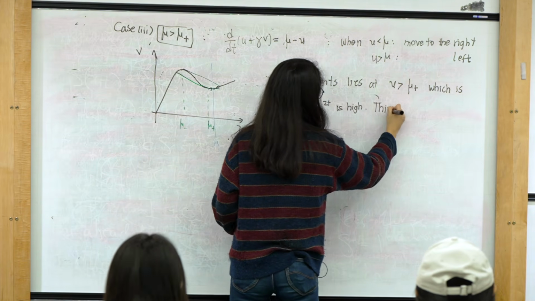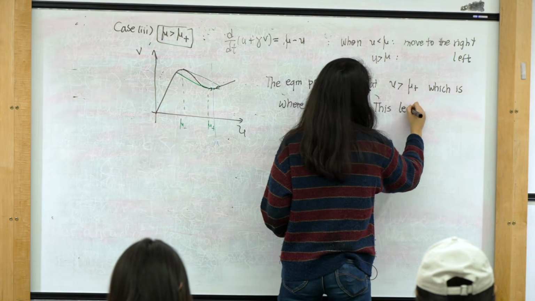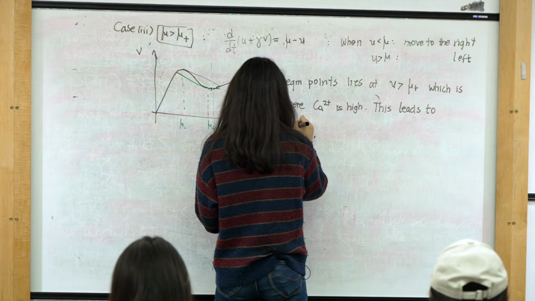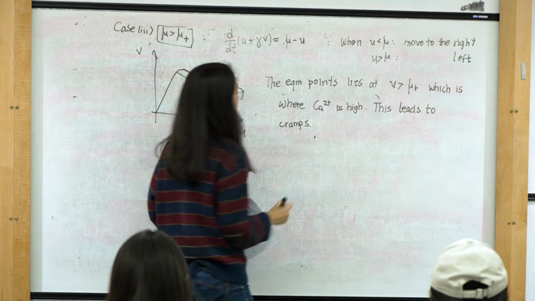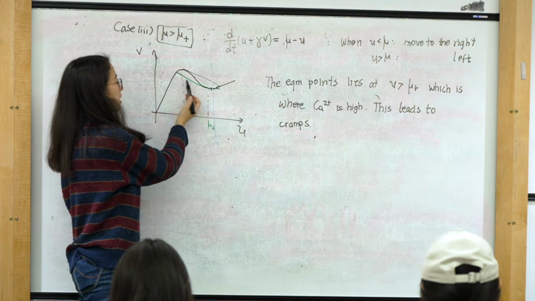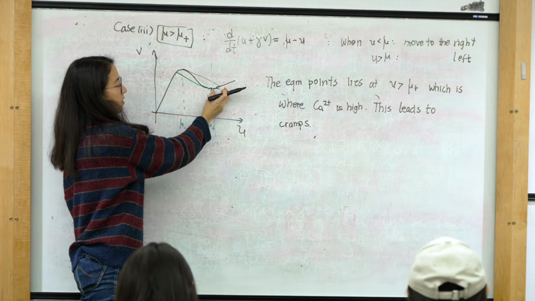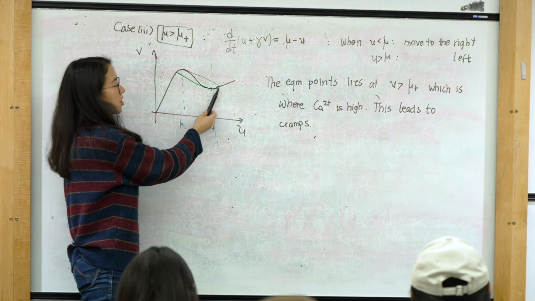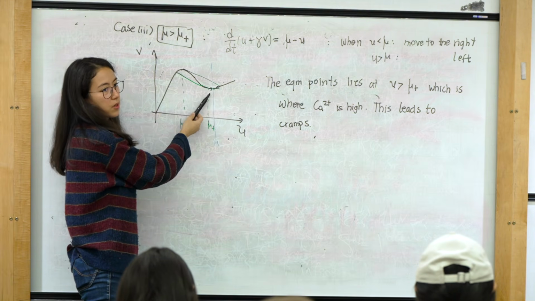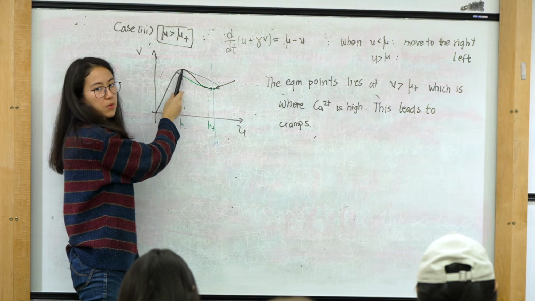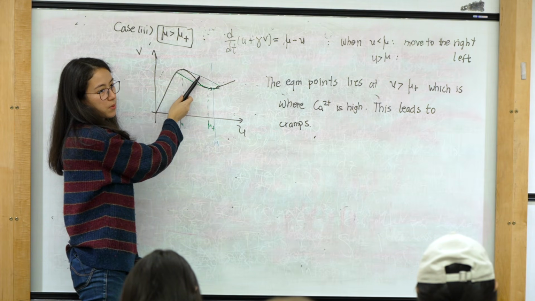And this leads to cramps. Basically, it says that where you have the high concentration of calcium, if you are in that region and you have this equilibrium point and you're going towards it, you will really need huge amounts of energy to escape from that point. Whereas if you are here at that equilibrium point, even if you apply a small amount of energy, you will be able to escape.